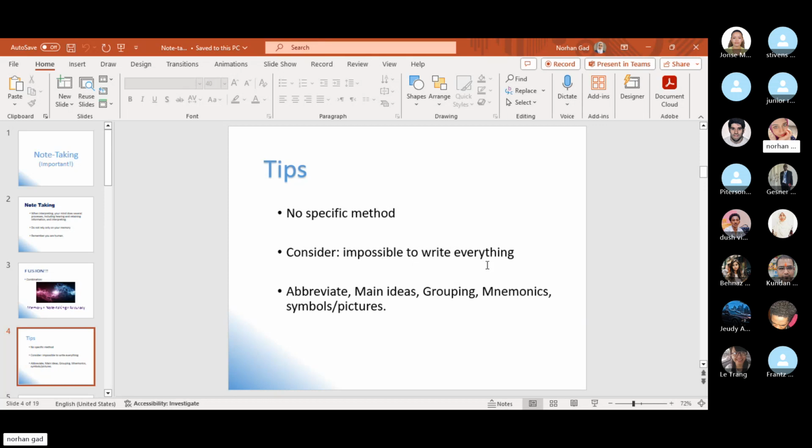It is impossible to write everything down, and I'm repeating this because it is a fact. You have to select proper notes with the keywords in a sentence, and the rest will be left to your short memory, and you have to train your short memory.